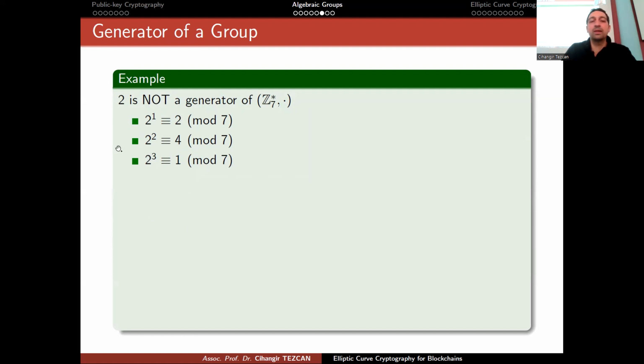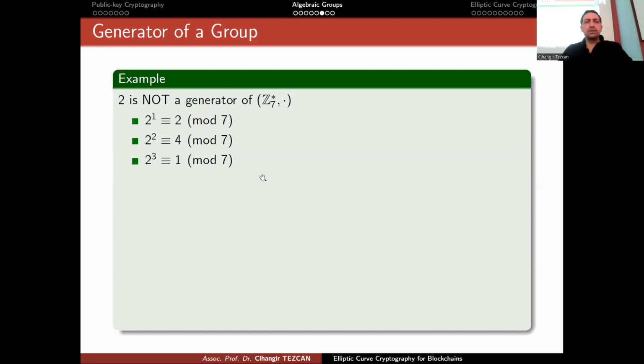So you are making a cycle here, see? But the problem is that I calculated these powers of 2, but I couldn't obtain every element in Z7 star, because I couldn't see 3, 5, or 6 here, okay?